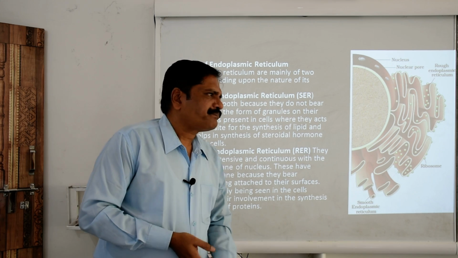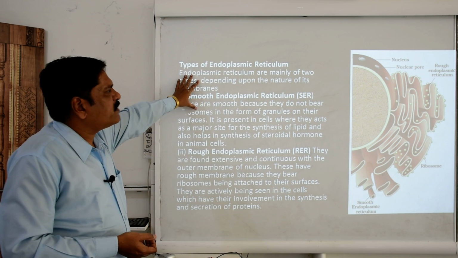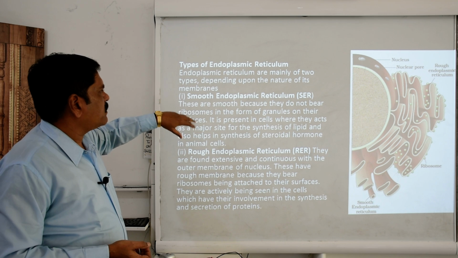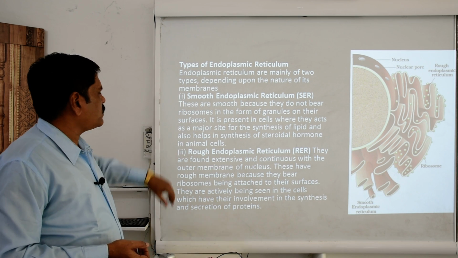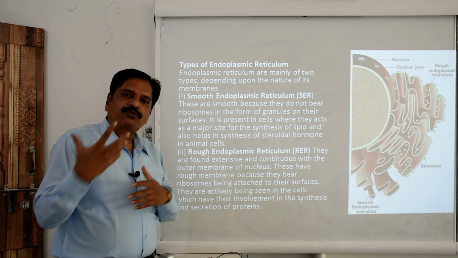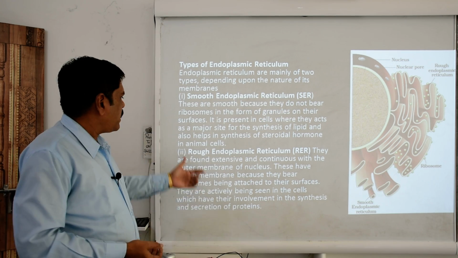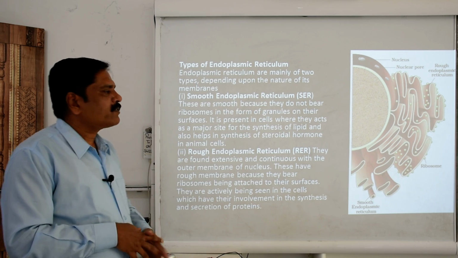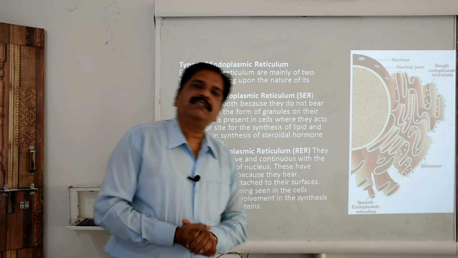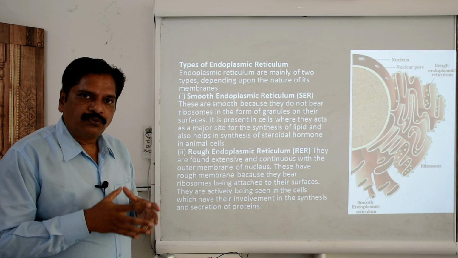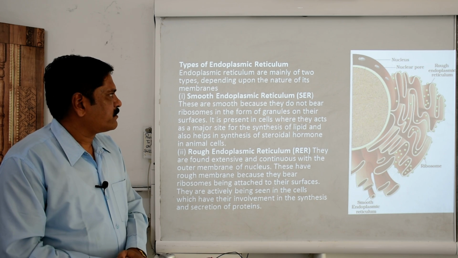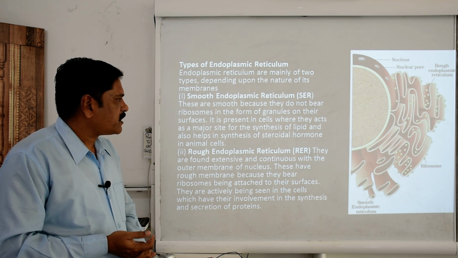So basically the endoplasmic reticulum is divided into two types. One is the smooth endoplasmic reticulum, simply we call it the SER, and second is the rough endoplasmic reticulum, we call it the RER, clear. Smooth and rough endoplasmic reticulum, it is nothing special, okay.